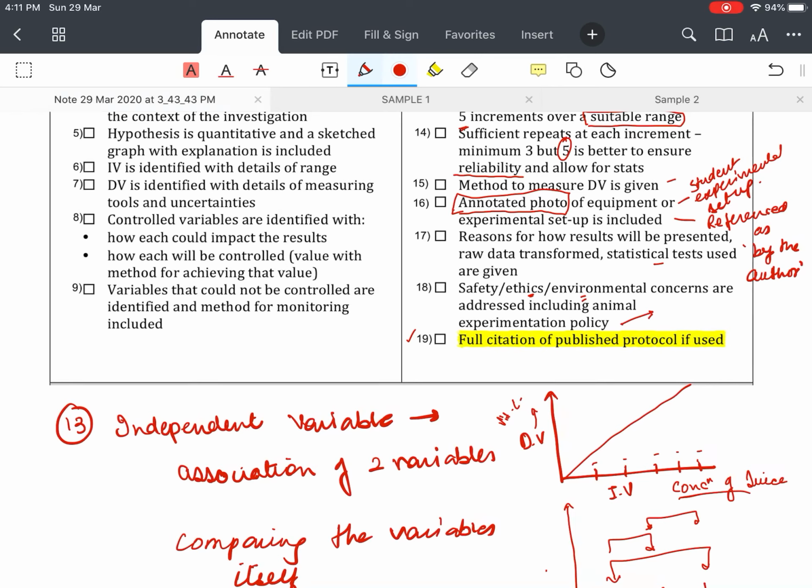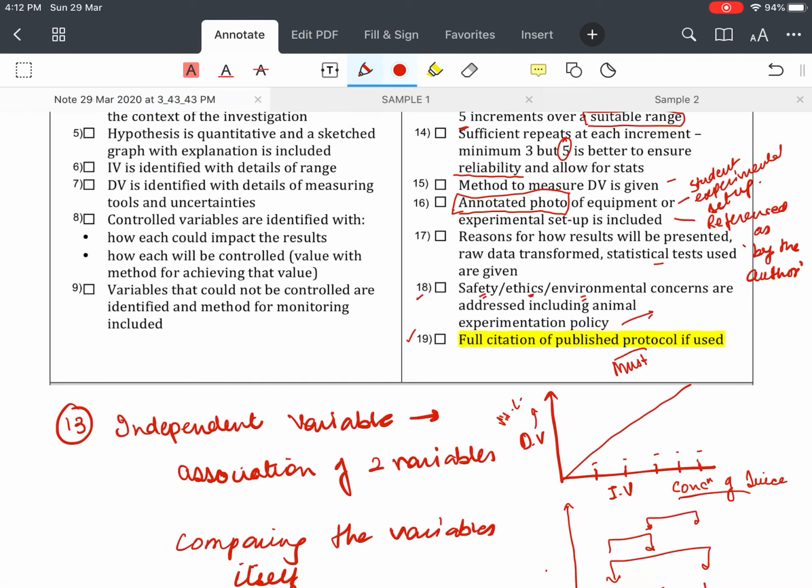General safety precautions with your water bath, temperature, and glassware all come in the safety precautions. But this part gives a very clear idea of how well the IB student can think of different aspects, not only scientific but different aspects as well.